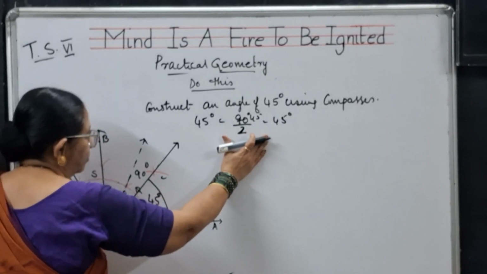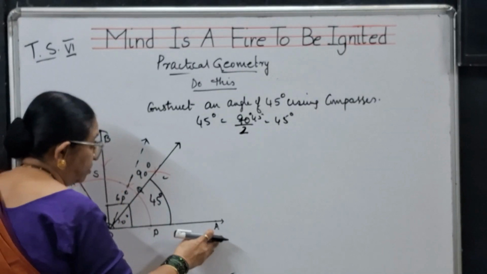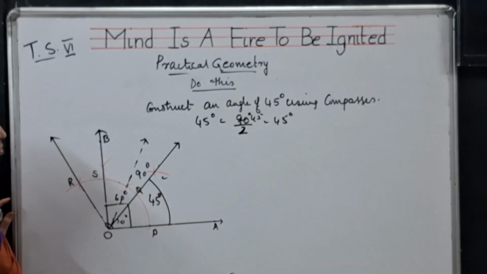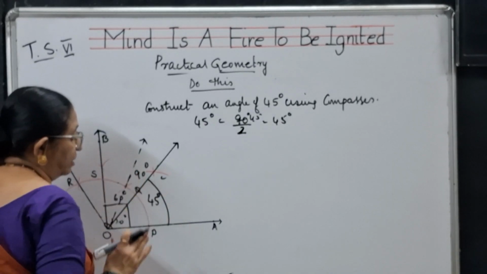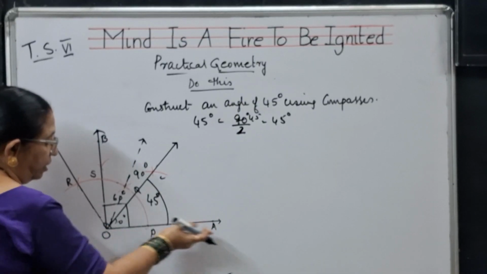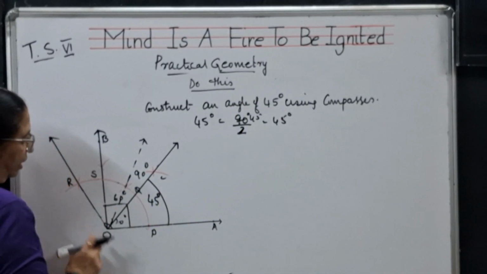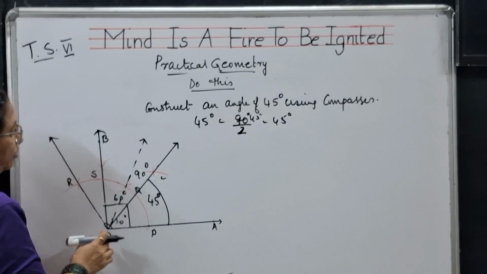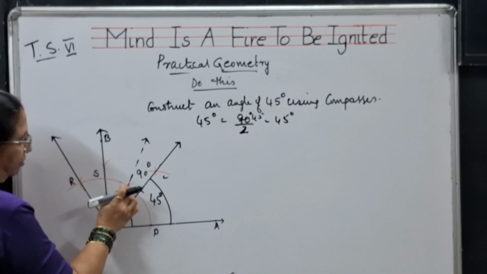So when they ask you to construct 45 degrees, first 90 degrees, because the problem is only by using compass. So first you have to construct 90 degrees. How did you construct 90 degrees? First OA and then 120 degrees ORA. Then what did you do? From here to here 60, from here to here another 60.